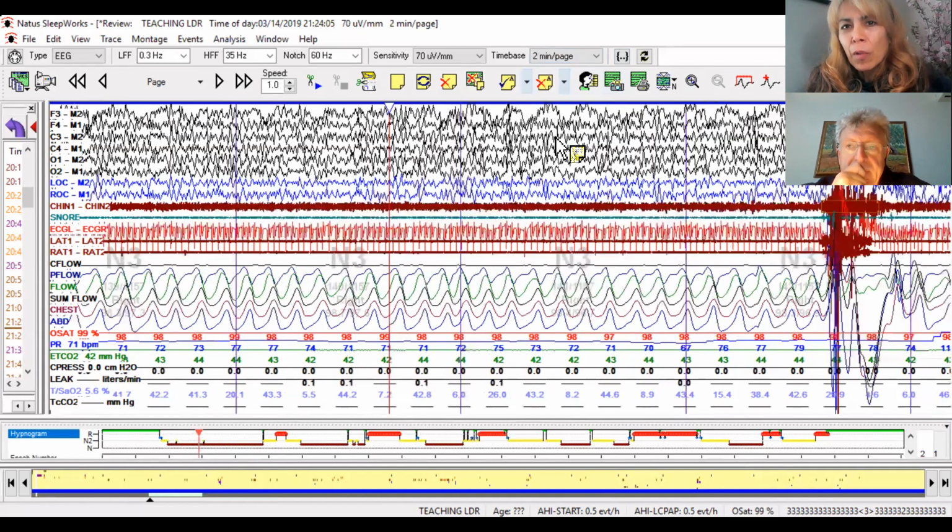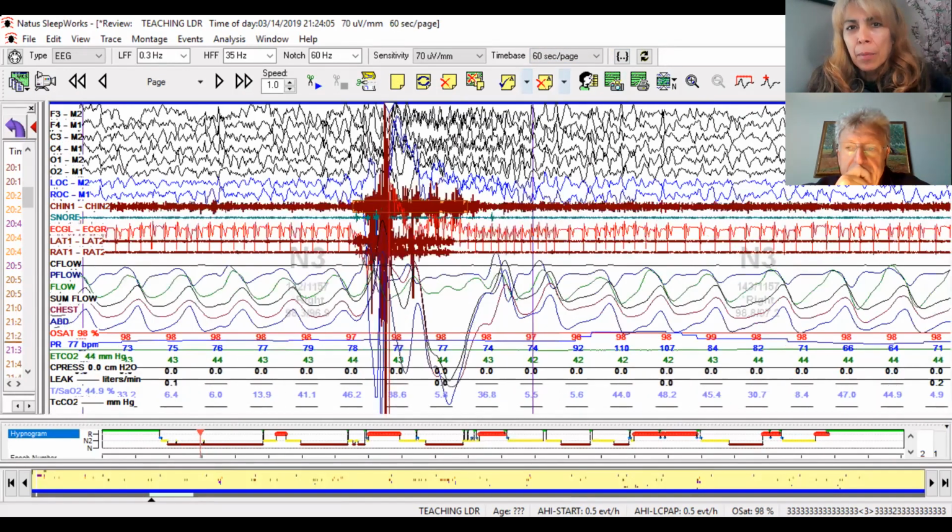So we'll go over how it is usually scored, but then we'll stop when we see a potential large muscle movement.